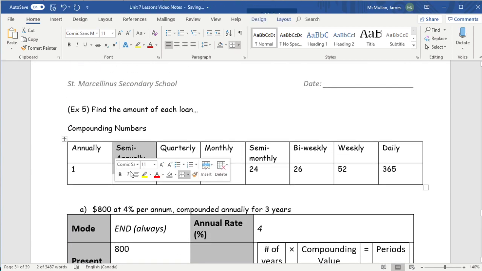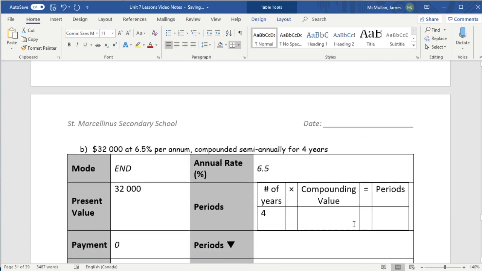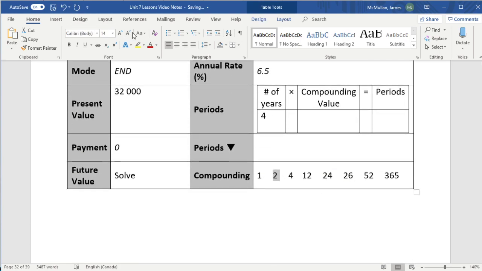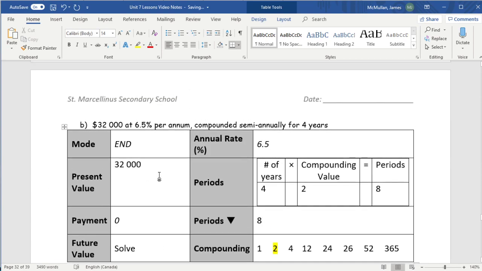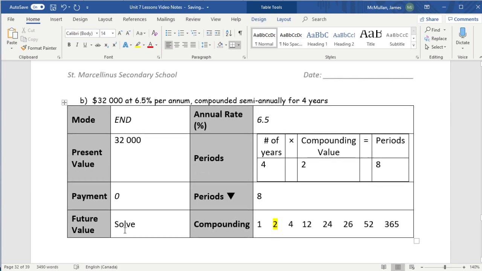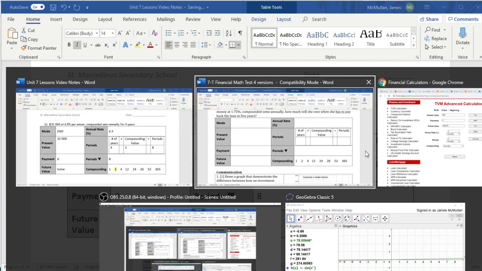I go back up to my chart. Semi-annually is 2. So I'm interested in this number here, the 2. 4 years times 2 is 8 periods. So this is what I'm going to put into the calculator: 32,000, 8 periods, solve the future value, a rate of 6.5% per year.